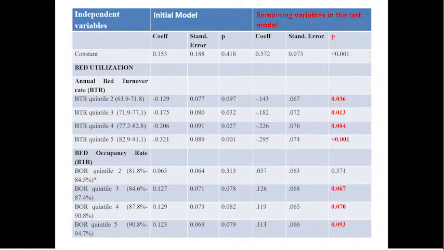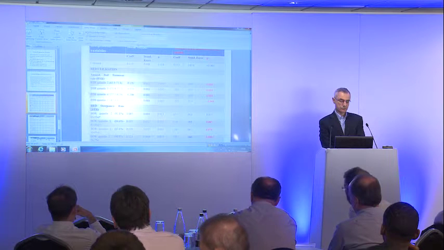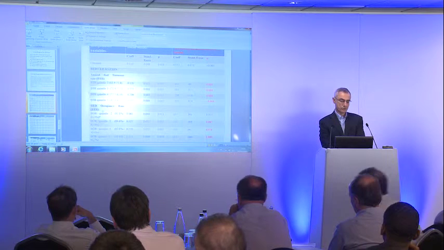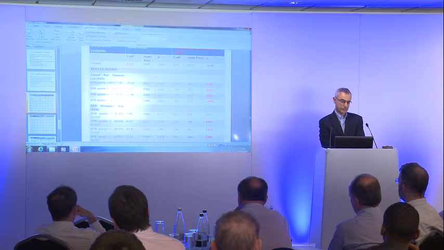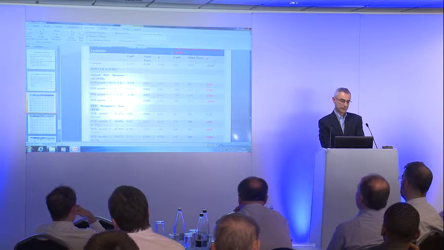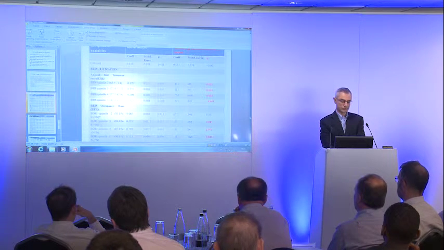The third quintile goes between 72 and 77 patients per bed per year, and so forth. The same is true for the bed occupancy rate. For example, the second quintile goes between 82% and 84.5%, the next between 85 and 87%, and so forth.